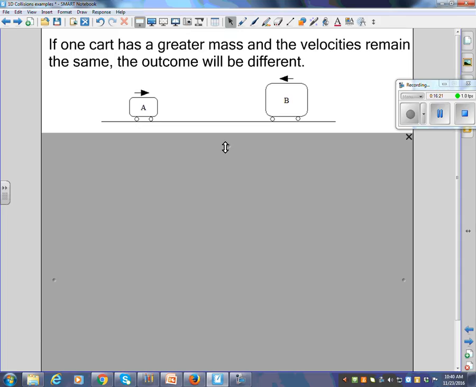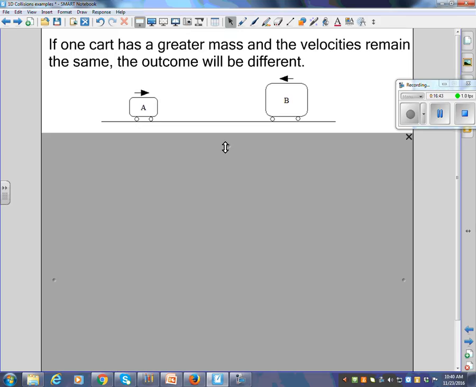Okay, so the card on my left, your right, is now twice as massive. What happens when I push them together at the same speed? Why does it slow down eventually? There is a little bit of friction, right?